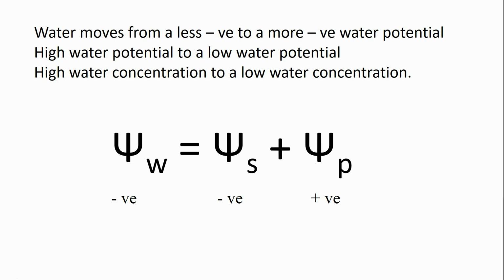I'm going to refer to moving from a less negative to a more negative. So as the solutes increase, the solute potential becomes more negative, and in becoming more negative, it makes the water potential more negative. As the pressure potential increases, it becomes positive, and it makes the water potential more positive.